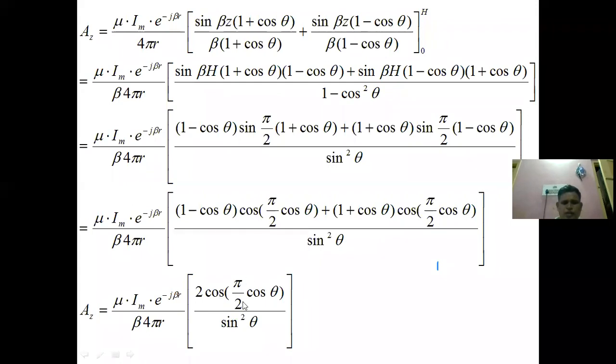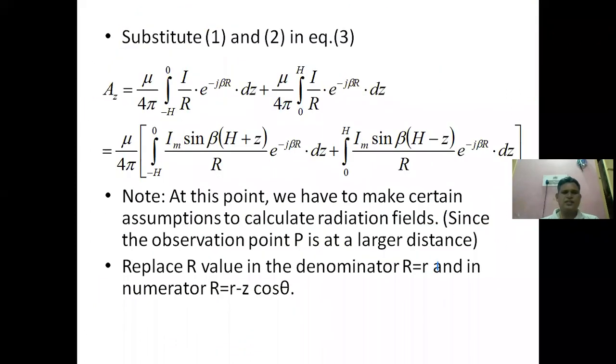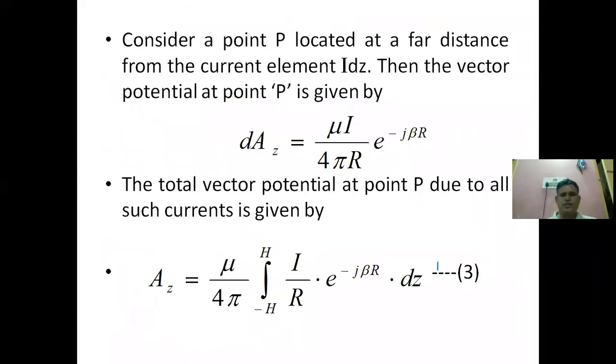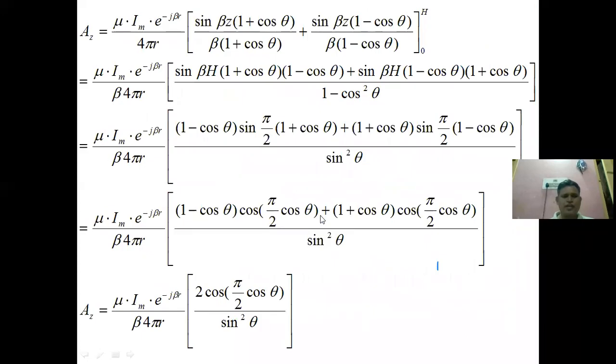You will get 2 cos of π by 2 cos θ over sin square θ. This is the A z value. See, this entire derivation is based on a simple assumption from dz and getting the A z. There we are substituting the current values only. From this we are getting this expression.